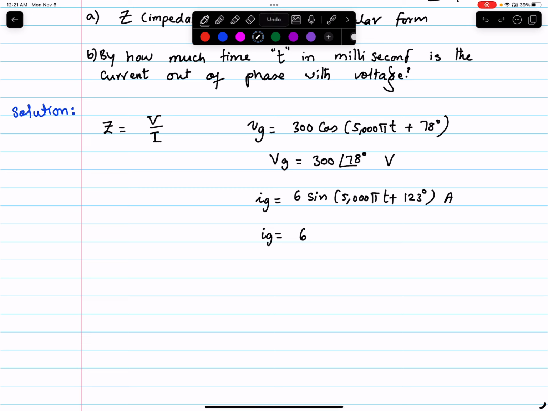is to write this sine as cosine, with everything else the same, plus 123 degrees minus 90 degrees. Remember, cosine of theta minus 90 degrees is sine theta.